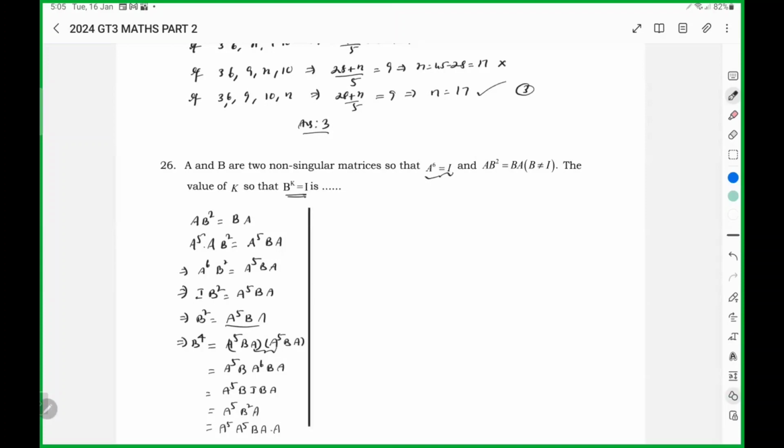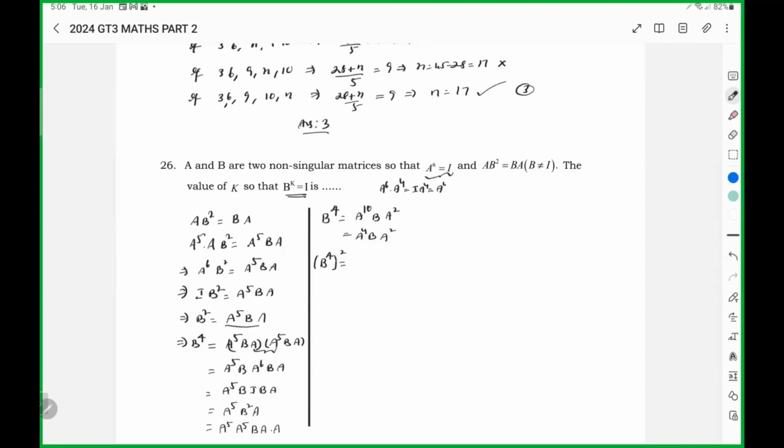So here B power 4 is A power 10 BA square. A power 10 is A power 6 into A power 4, I into A power 4, which is A power 4. So B power 8, if I find, still I didn't get BA format.